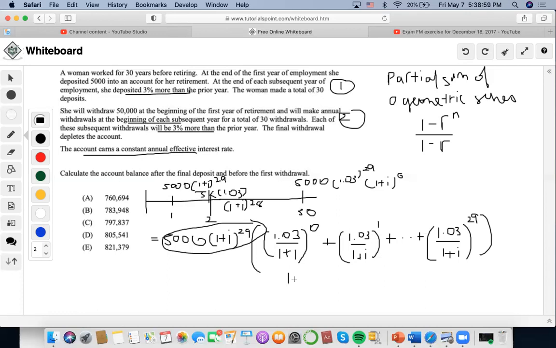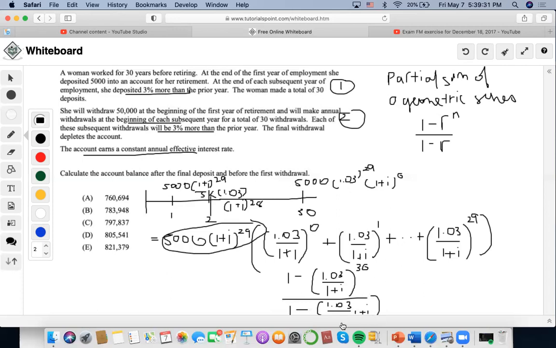So we would do 1 minus the ratio that we're dealing with, which is 1.03 over 1 plus i, to the 30th power, because there are 30 terms that we're dealing with in this sequence, over 1 minus the ratio again, which is 1.03 over 1 plus i, right?